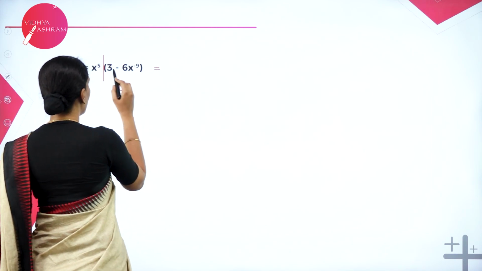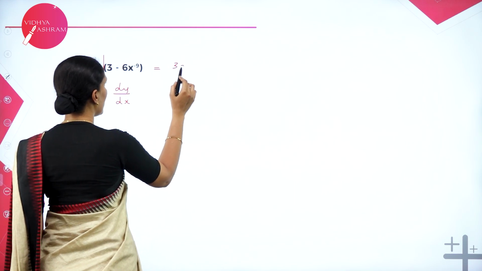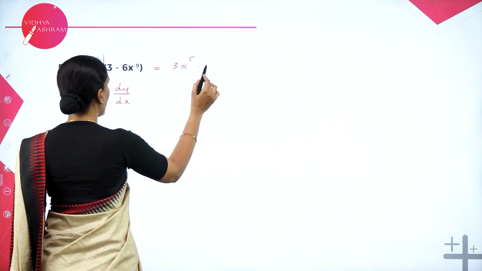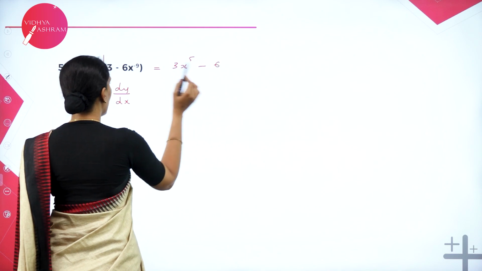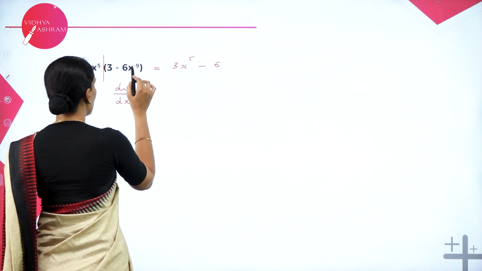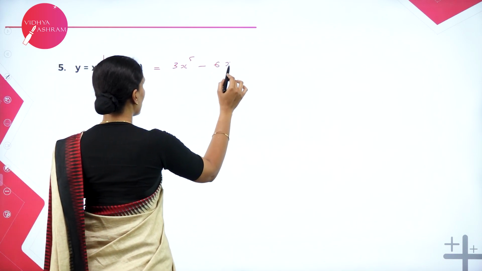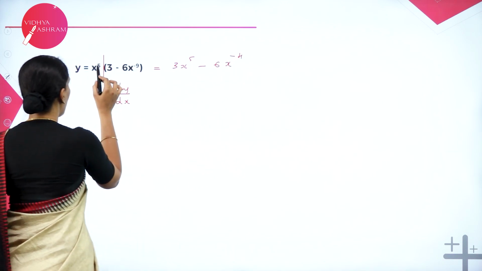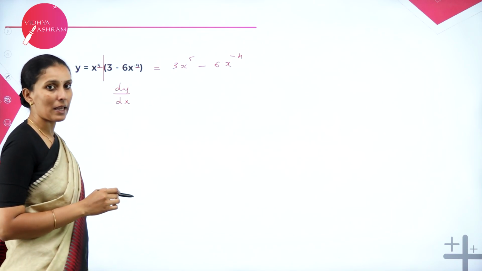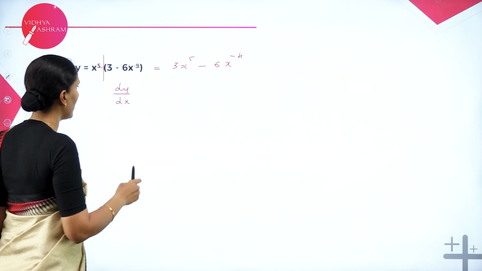So, this becomes 3x to the power 5 minus 6 into x to the power 5 plus x to the power 5 into x to the power minus 9, which becomes x to the power minus 4, because powers can be added when you have the same base. So, 5 minus 9 is minus 4.